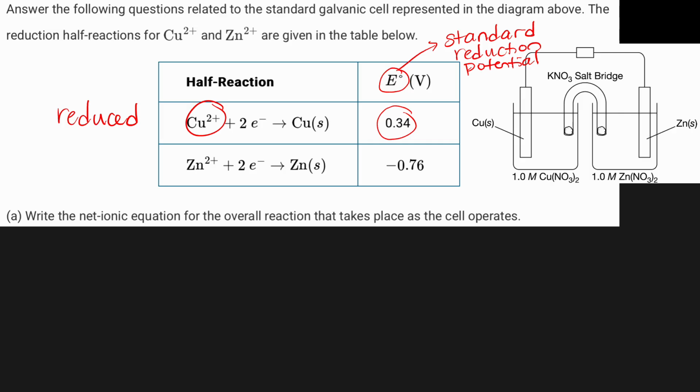Now, because we know copper is being reduced, we now know that zinc is being oxidized. So in order for this reaction to work, we actually are going to flip this reaction to show zinc being oxidized.